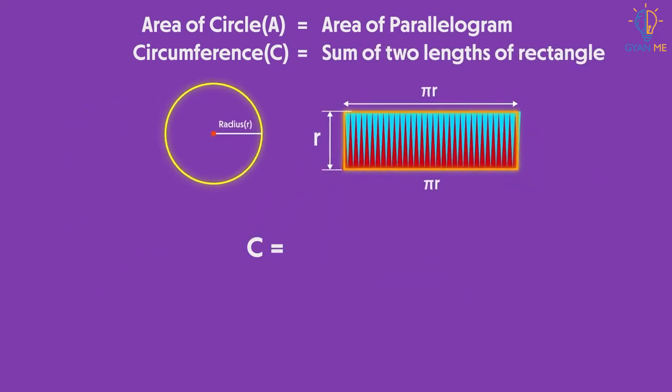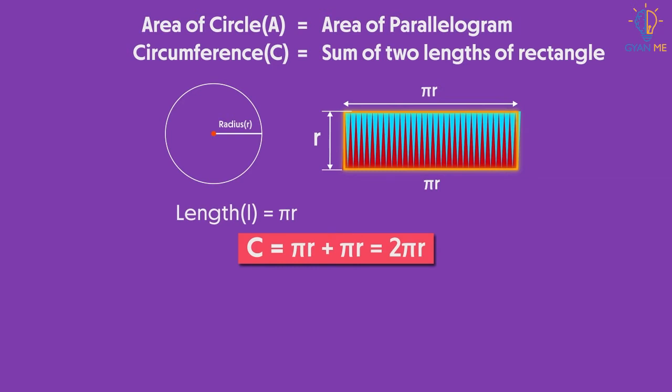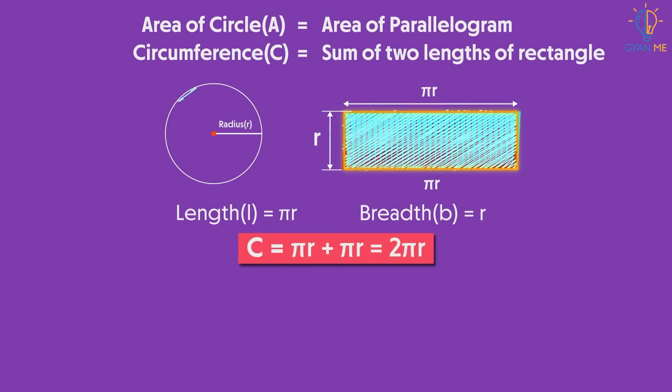That is, c is equal to pi r plus pi r, which is equal to 2 pi r. And also observe that breadth of rectangle is nothing but radius of the circle. Therefore, for rectangle, we can say that length is equal to pi r and breadth is equal to r. Therefore, the area of rectangle will also be the area of a circle.